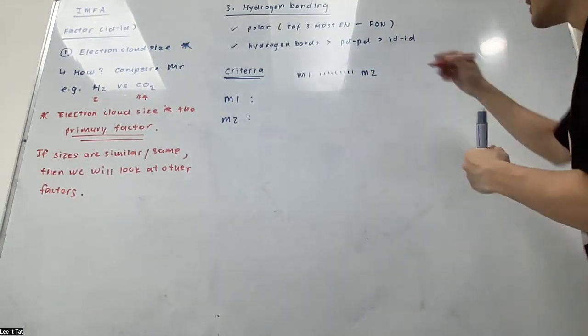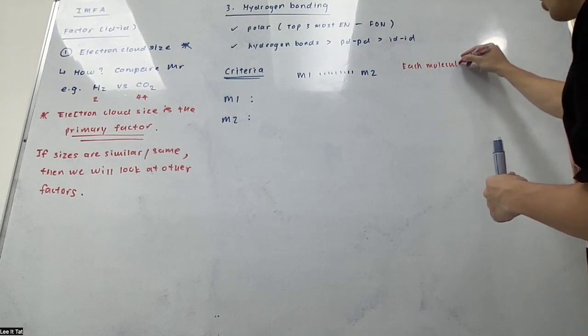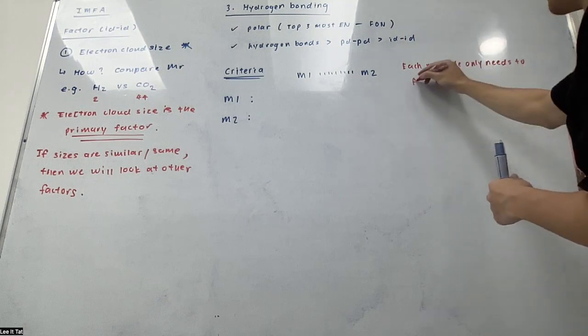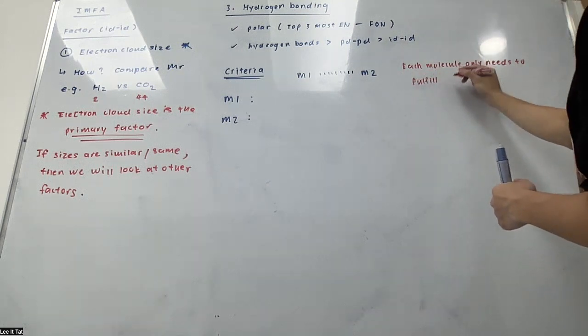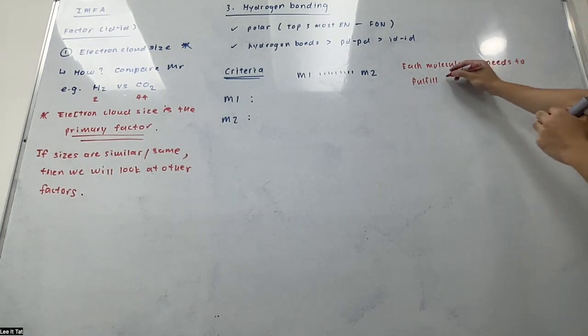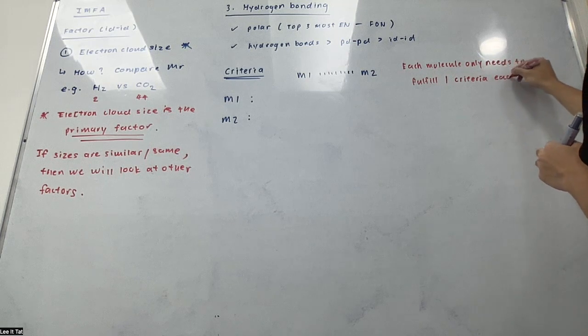Let's write that down first. Each molecule only needs to fulfill one of the two. How do I phrase this? Each molecule only needs to fulfill one criterion each. I think that's the best way to phrase this.